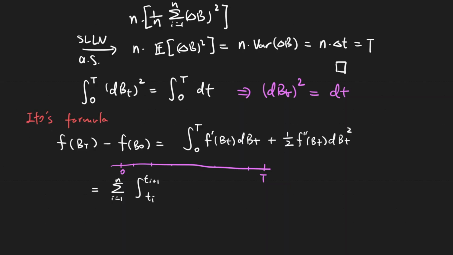So these intervals are t_0, t_1, t_2, all the way to t_n. Then we write f prime of B_t times dB_t plus a half times the second derivative times dB_t squared.